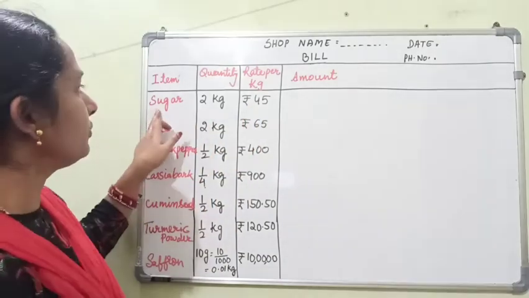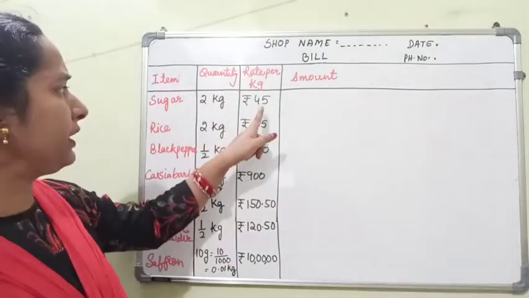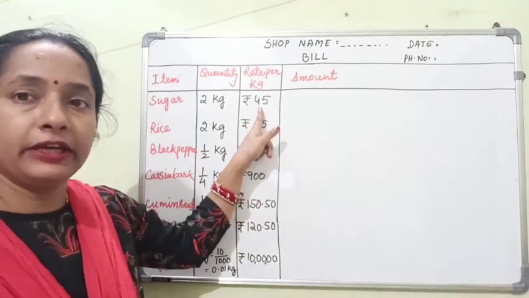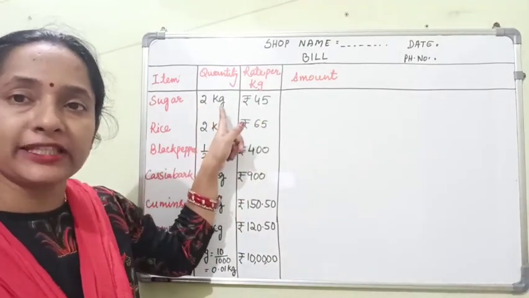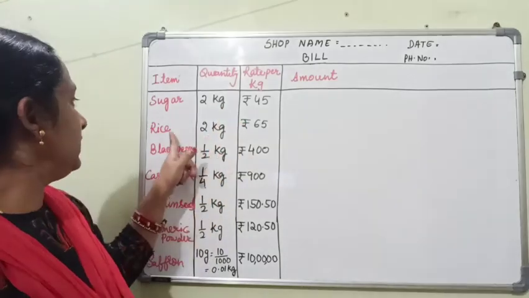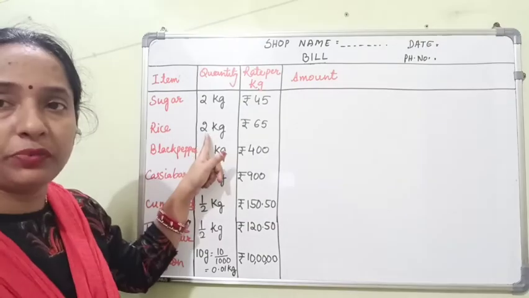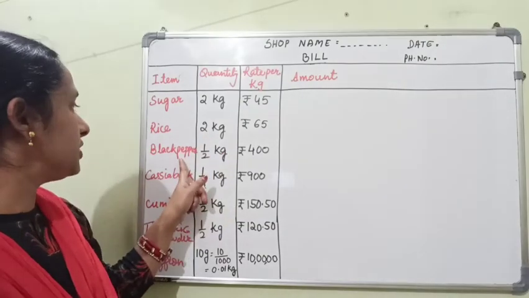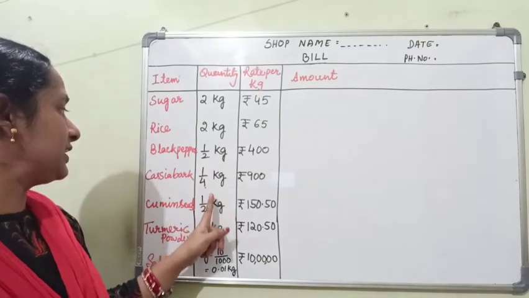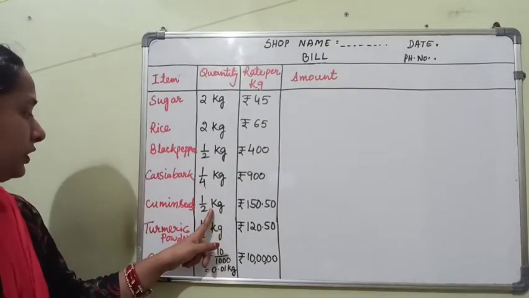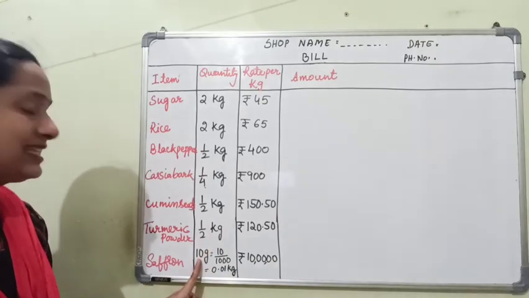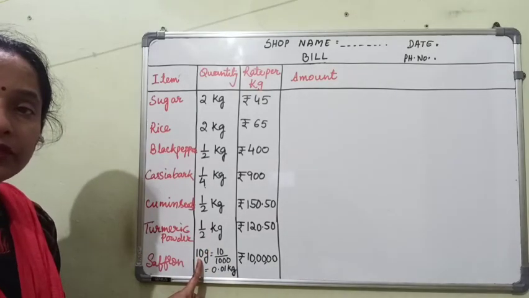Sugar was being sold by the shopkeeper at the rate of rupees 45 per kg, where Mrs. Ghosh has purchased 2 kgs of sugar. Similarly, rice was being purchased 2 kg. She purchased black pepper half kg, 1/4 kg of cassia bark, half kg of cumin seeds, half kg of turmeric powder, and 10 grams of saffron.